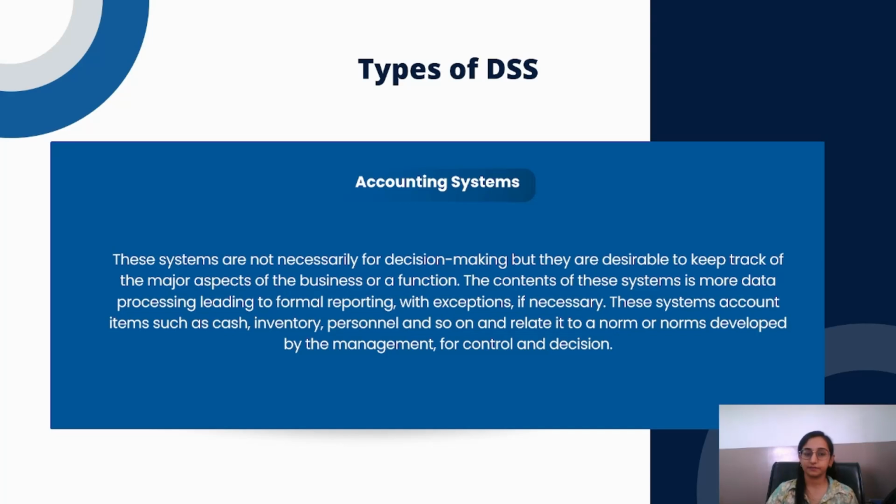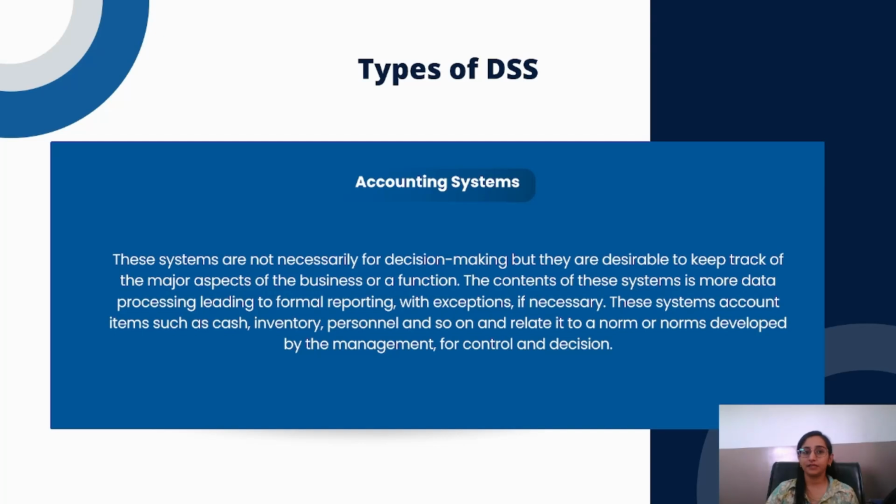and standards. The data recorded and processed by these systems is often compared to norms or standards developed by management. This comparison helps in maintaining control and can assist in decision making when deviations from the norms are identified.